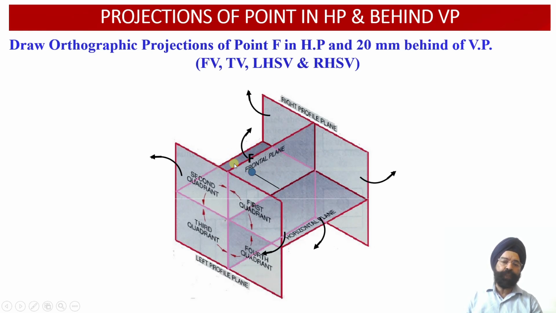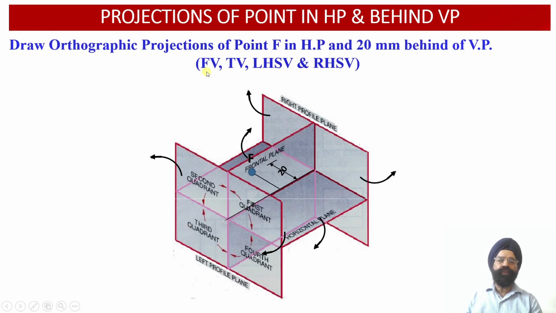This portion of the horizontal plane is lying behind the vertical plane, and the distance of this point from the vertical plane is equal to 20 millimeter. So we can now conclude that this point F lies in the second quadrant as well as the third quadrant, because it is resting on the common horizontal plane which divides the second and the third quadrants.